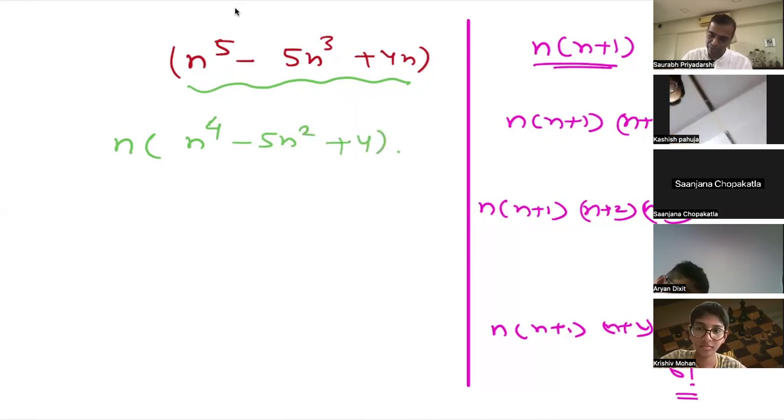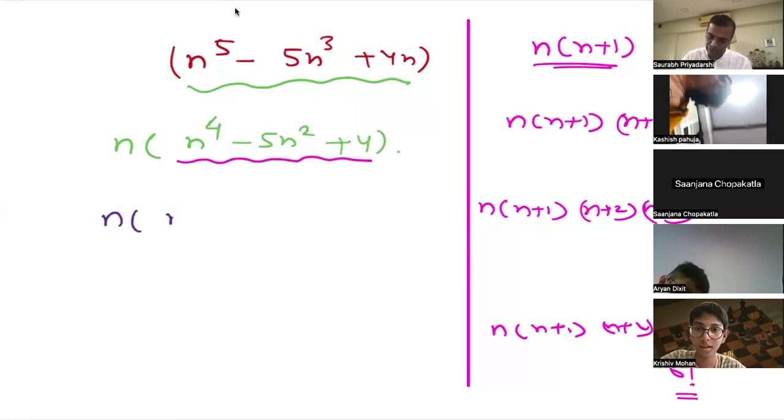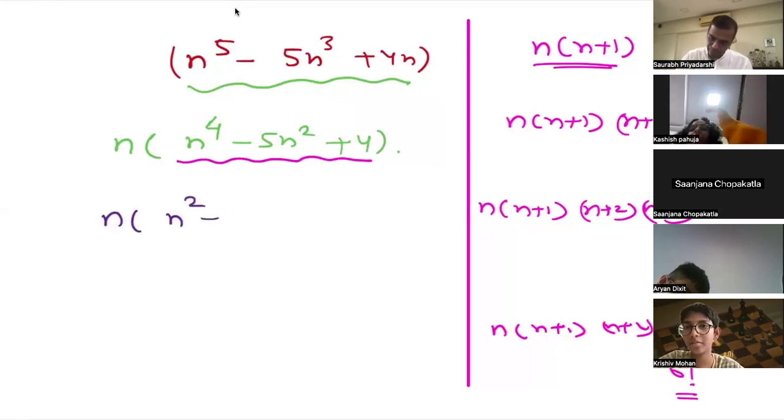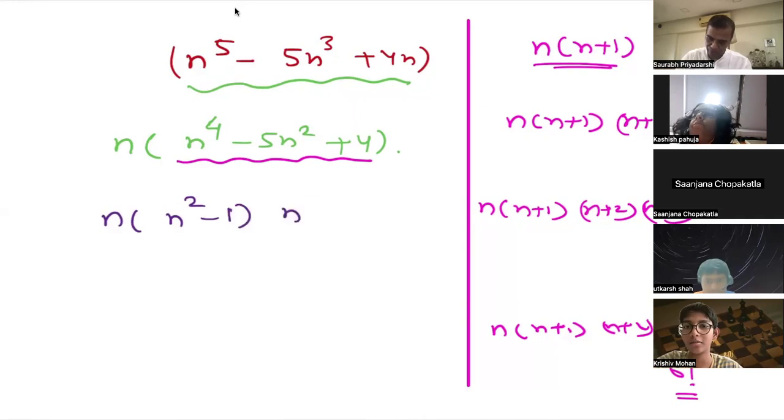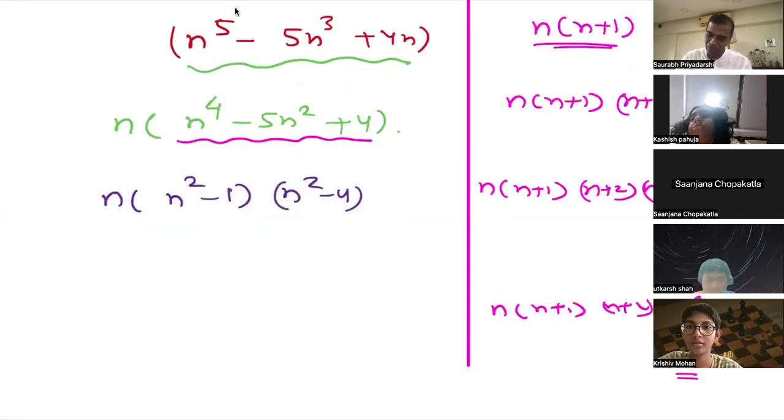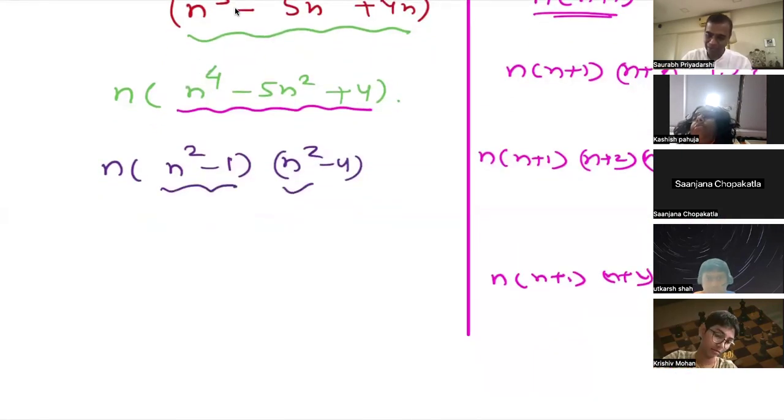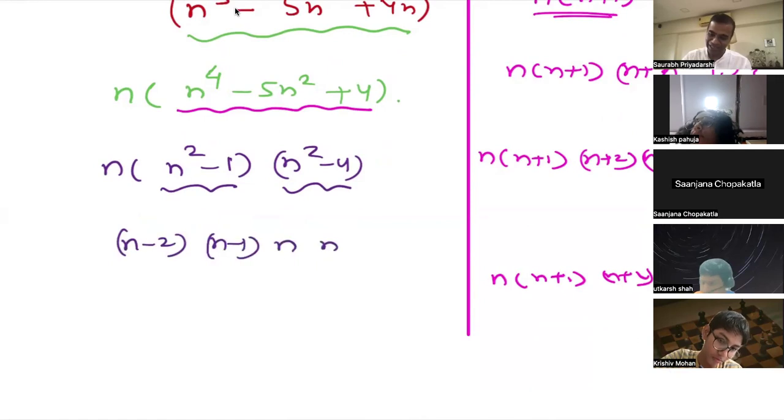Now we know that we can factorize this: n into (n square minus 4) into (n square minus 1). That can be factorized further. So this is n minus 2, n minus 1, n plus 1, and n plus 2.